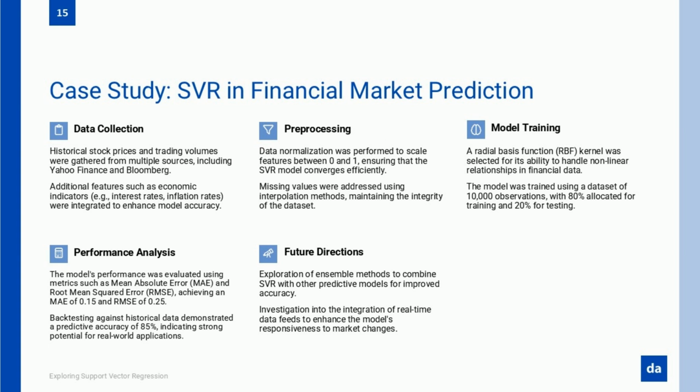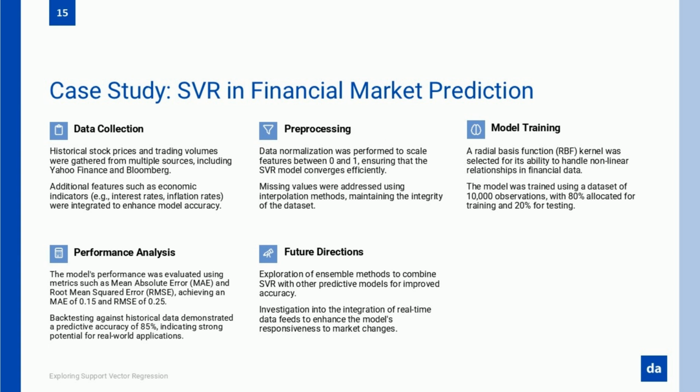When backtested against historical stock data, the model achieved an 85% predictive accuracy, meaning that in most cases it correctly estimated the direction of stock price movements. However, the study also revealed some limitations. While SVR performed well in short-term forecasting, it struggled with long-term predictions due to market unpredictability and external factors that could not be modeled directly.